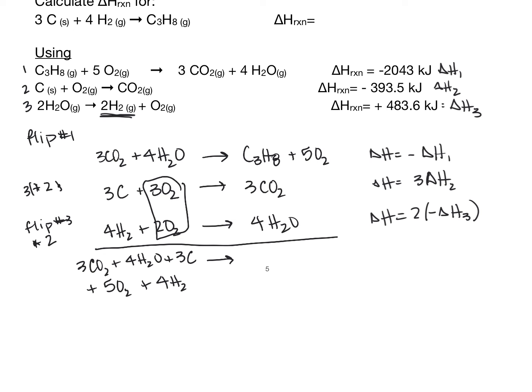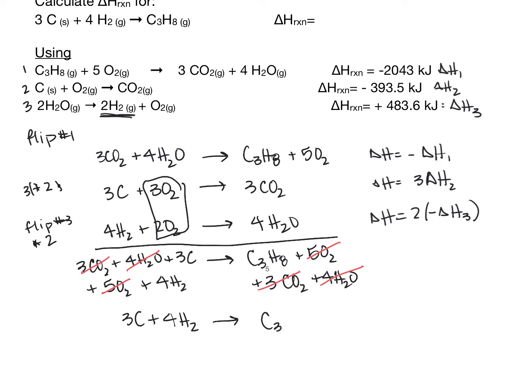That's going to give me C3H8 plus 5O2 plus 3CO2 plus 4H2O. So now we can cancel out anything we see on both sides. So we have 5O2, those both cancel. The 3CO2s cancel, the 4H2Os cancel. And what we're left with is 3 carbon plus 4H2, and that gives us propane, C3H8. So this is the equation that we're looking for, as you can see at the top.